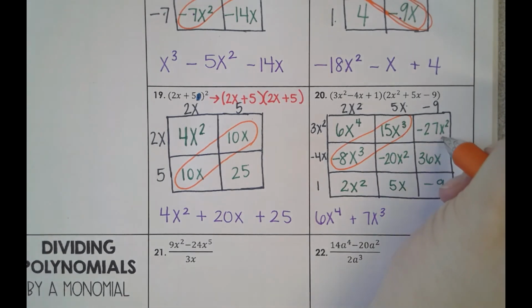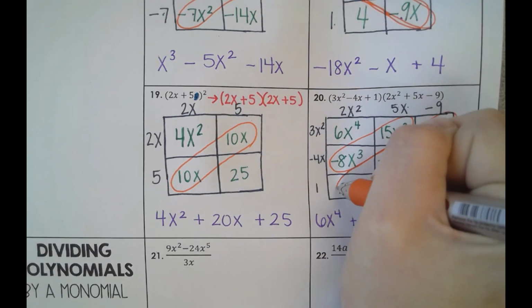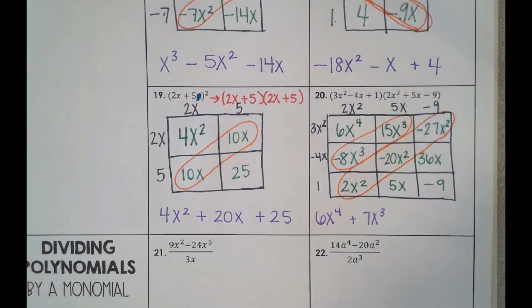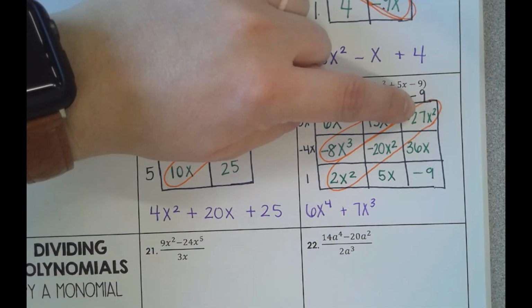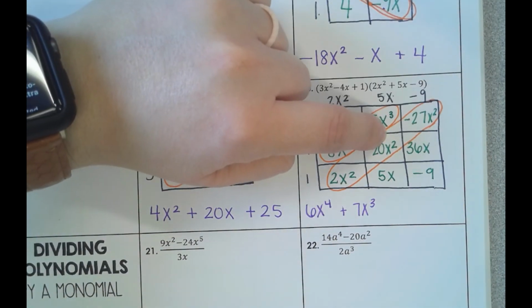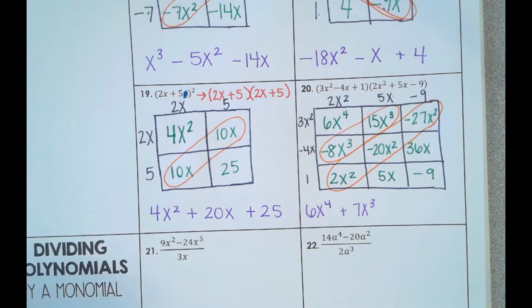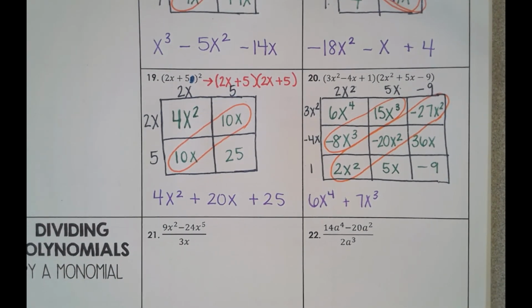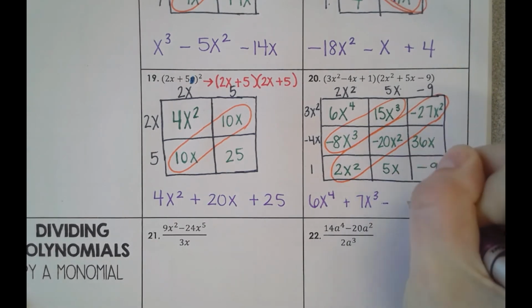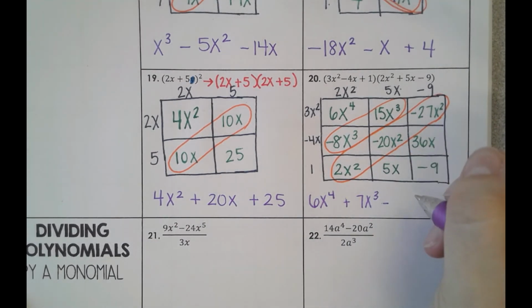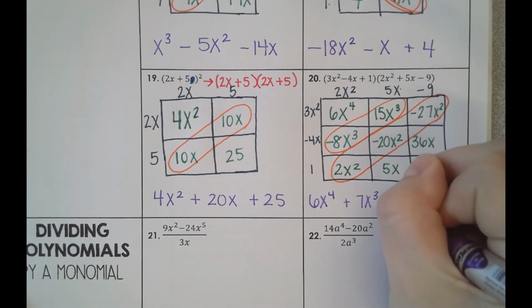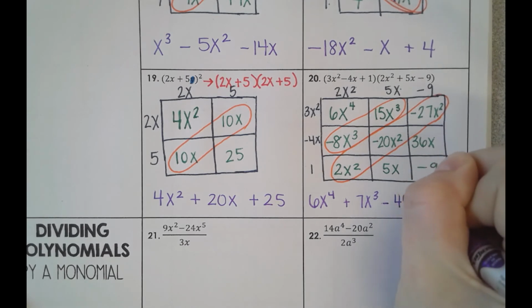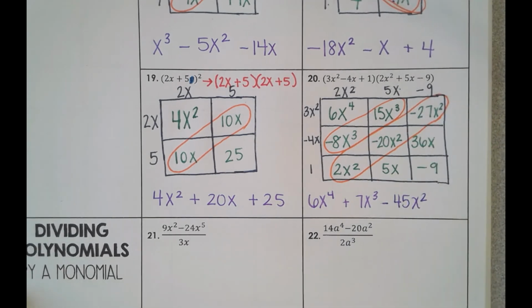Then our x squareds. There's 3 of those. You might need to use your calculator to do negative 27 minus 20 plus 2. And you get negative 45x squared.